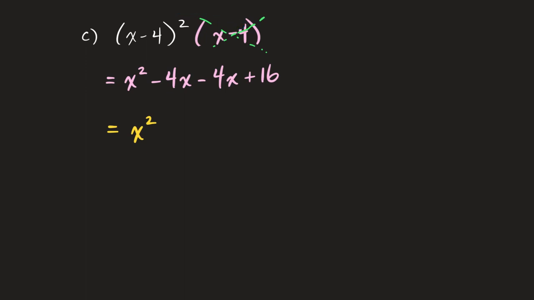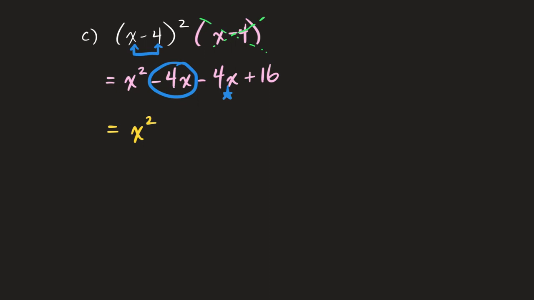Now, what can be my shortcut, my recognition of a pattern? Well, if I multiply the two parts of my base together, you'll notice there's my negative 4x. By multiplying those together, I get one of my middle terms. Now, I need to recognize that my pattern with this perfect square is going to give me two of those terms.